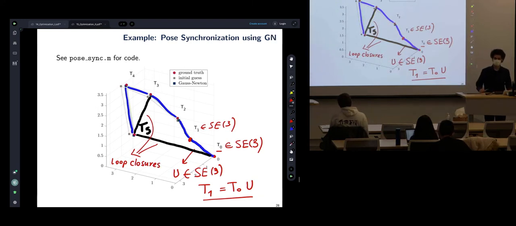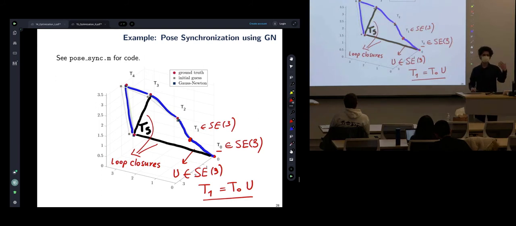The loop closures are non-consecutive constraints that connect nodes that are not sequential in time, in the sense that there's not exactly the next time step. And they're very important, because without loop closures, there is no way to remove the drift from this tracking. If we only track and connect these edges, there's no way to remove the drift.